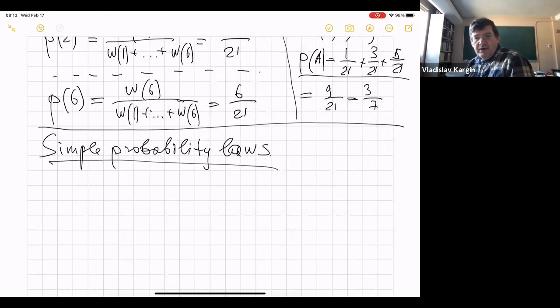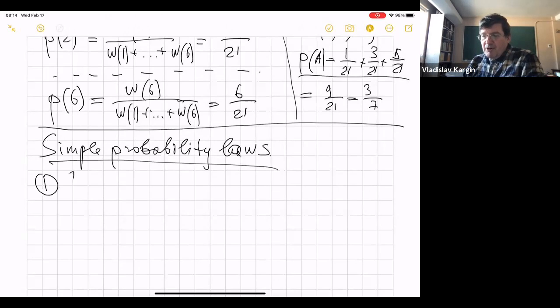Since we're working with discrete probability spaces, we will not really use the axioms, but we use the idea that the probability of each event can be written as a sum of the probabilities of the outcomes. In general, we cannot do this, so you need to work with the axioms. But in this case, we can do it, and we can get several laws.